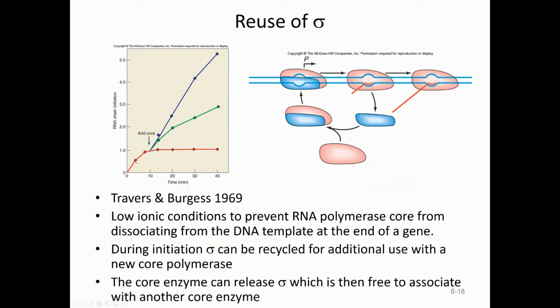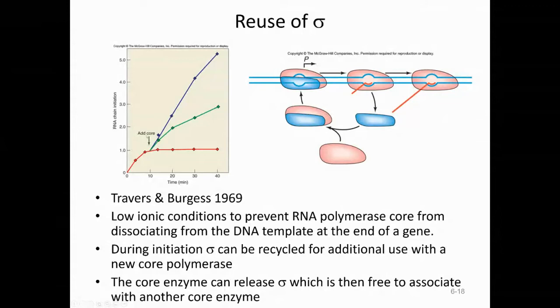From this curve, if you have a certain amount of sigma and core enzyme, then after initiating the transcription, initially the RNA chain initiation increases significantly, and once it reaches the plateau, it doesn't increase anymore.